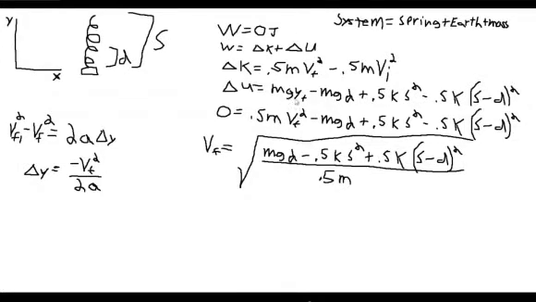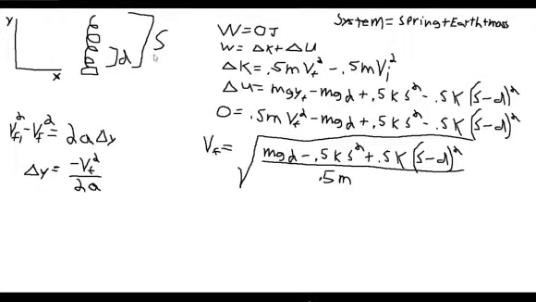So our change in potential energy total is going to be mg y final, and y final is 0 at the equilibrium point, so that cancels out. So minus mgd, because it's released from d, so d is the y point, plus 0.5 ks squared minus 0.5 k (s minus d) squared.